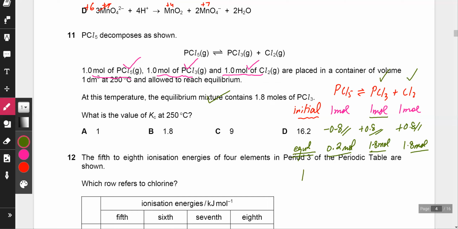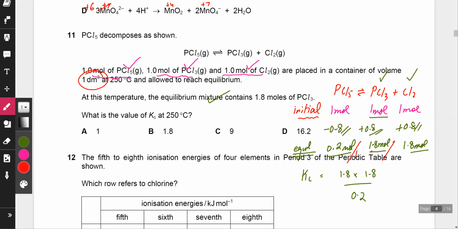Kc is going to be products over reactants. It's going to be 1.8 times 1.8 divided by 0.2. The products and the reactants all have a power of 1. It's going to be PCl3 concentration, and remember, you don't use moles, you always use concentration. But here the volume of the container is given as 1 dm cube, so it's pointless to divide.